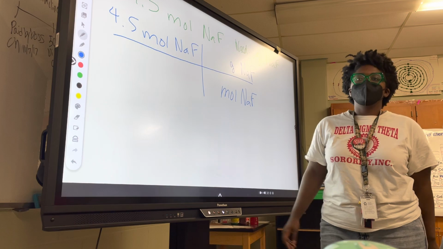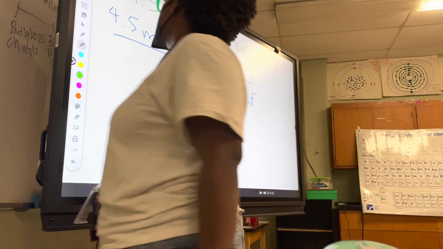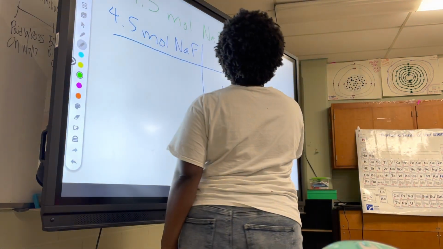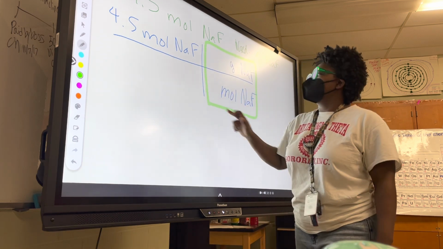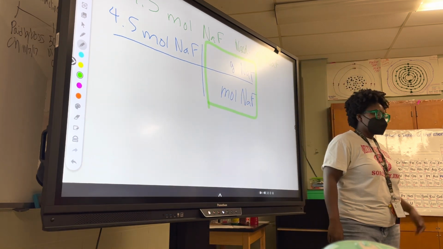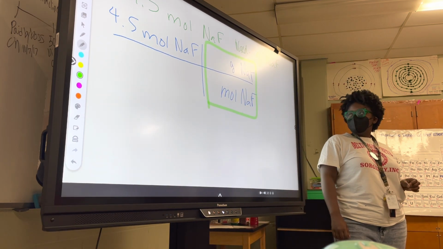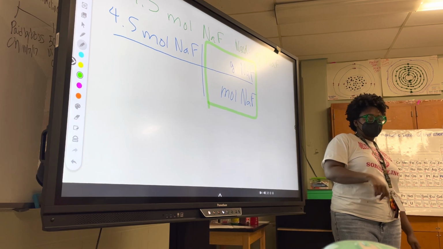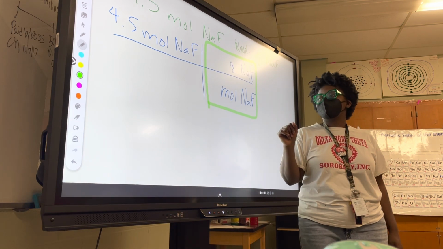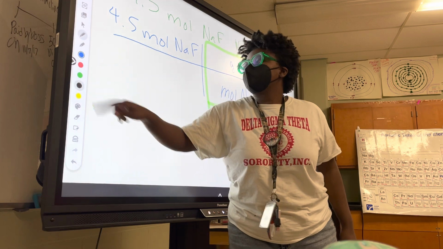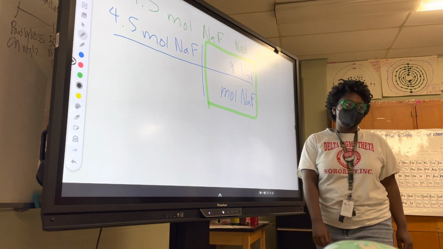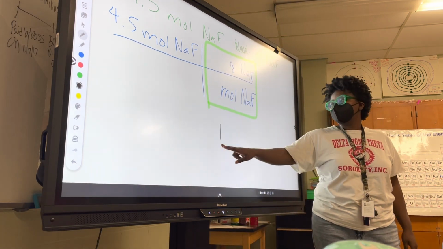All right, let's look at our houses. I have one house right here. What units are involved in this house? Grams and moles. What conversion factor uses grams and moles? Molar mass.